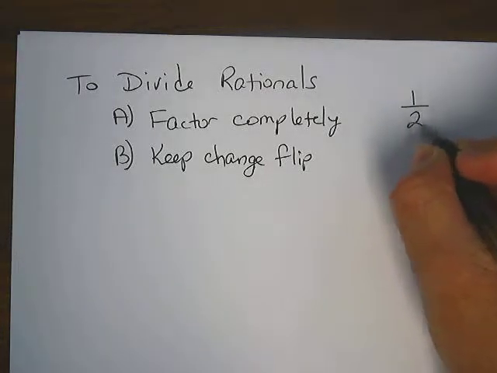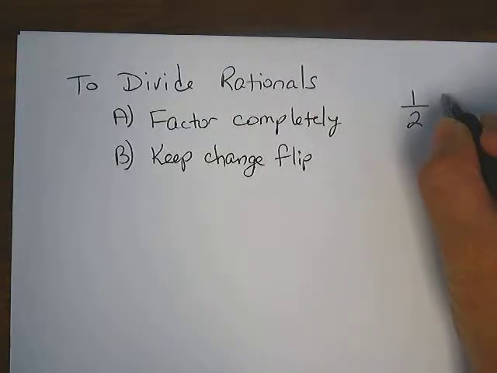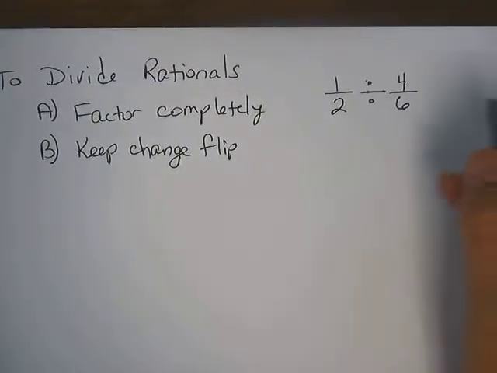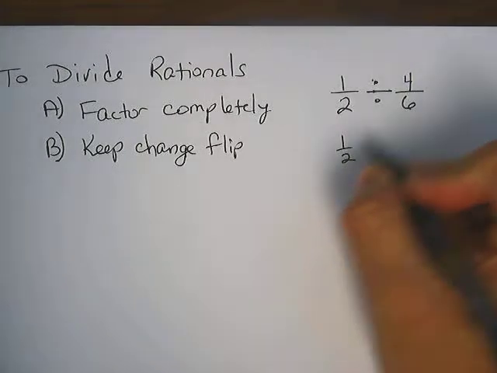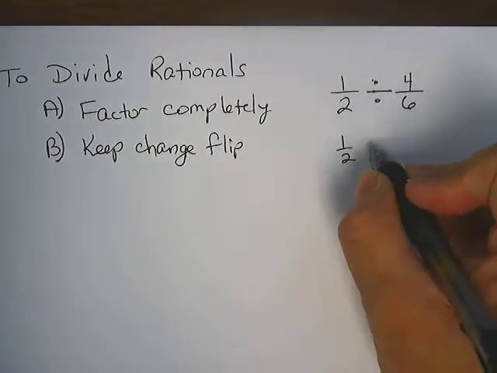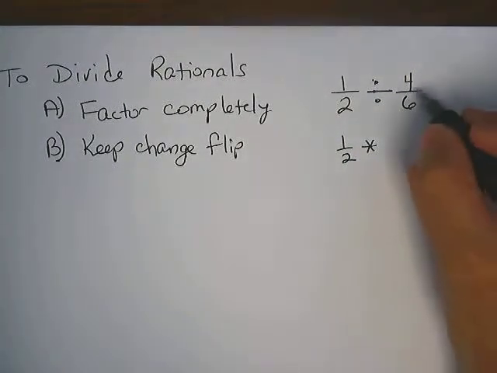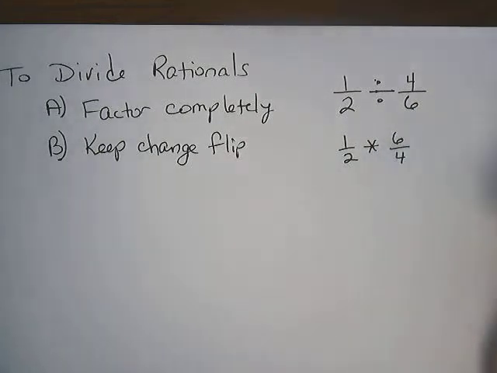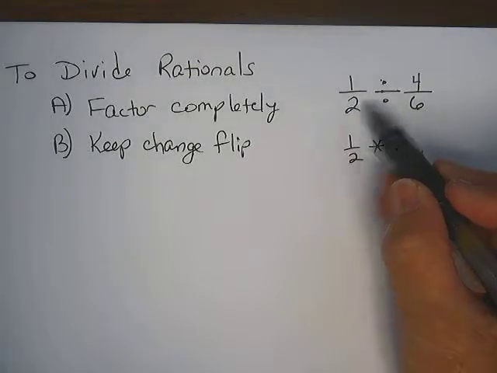If I had 1/2 divided by 4/6, for instance, we keep the 1/2, we change the division sign into a multiplication sign, and flip the second fraction. So that's what we're doing. We're keeping, changing, and flipping.